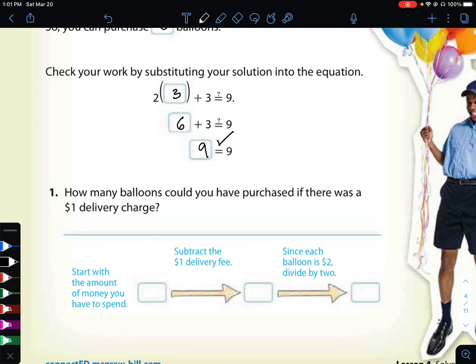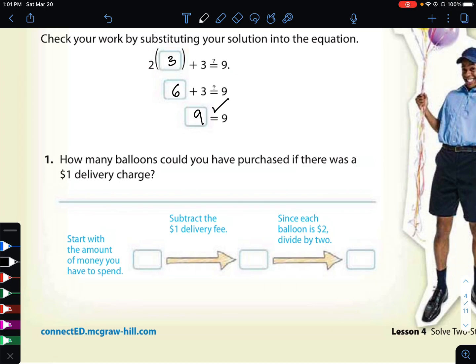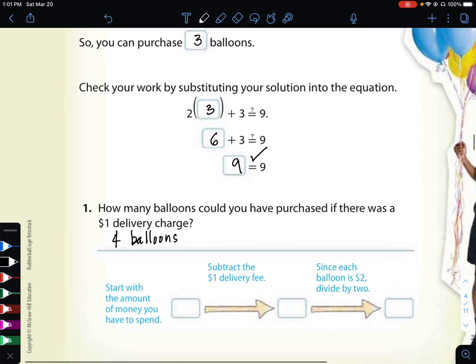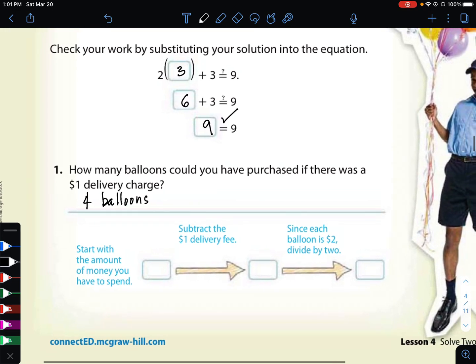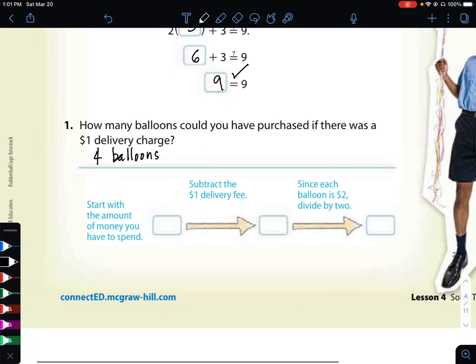Check our solution. Okay. So how many balloons could you have purchased if there is a $1 delivery fee? If there's a $1 delivery fee, you could have purchased 4 balloons. Because instead of $3 for your delivery fee now, you only have $1.